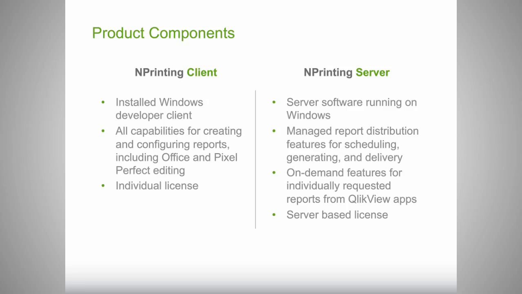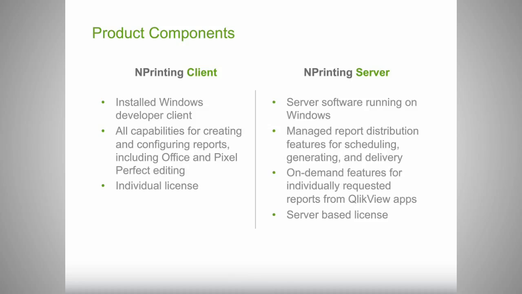And then for the server, it's now just a single server, so you would buy NPrinting server at a set price, and it runs on Windows machines, and it interacts with the QlikView environment and provides all the managed reporting and distribution capabilities I just mentioned, as well as all the on-demand features.